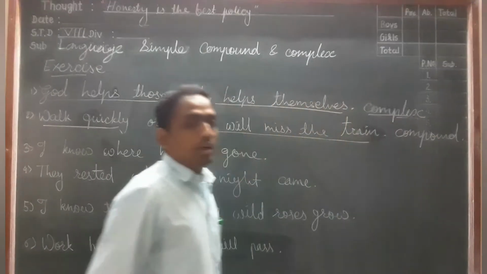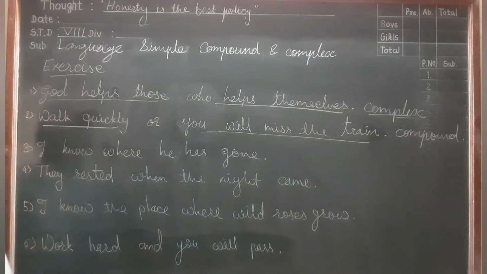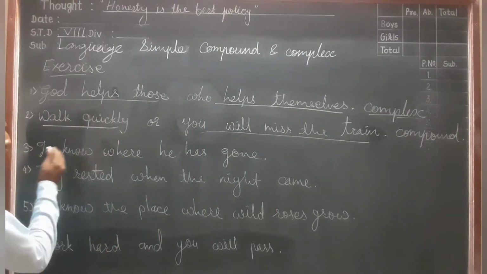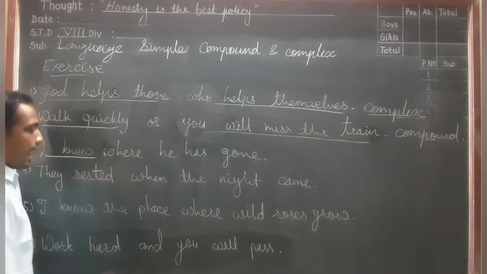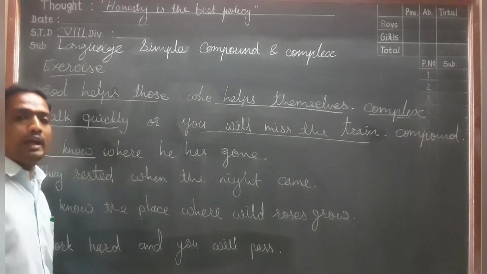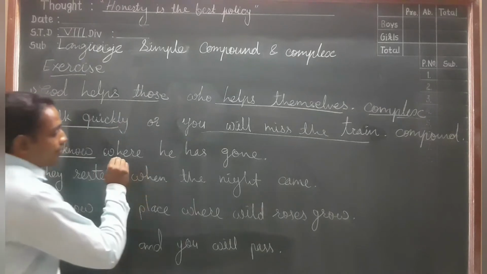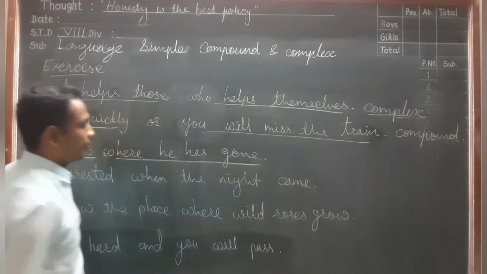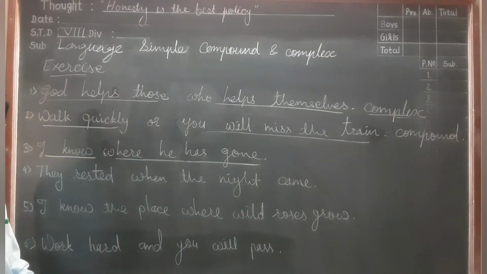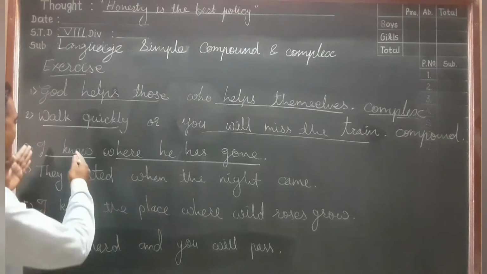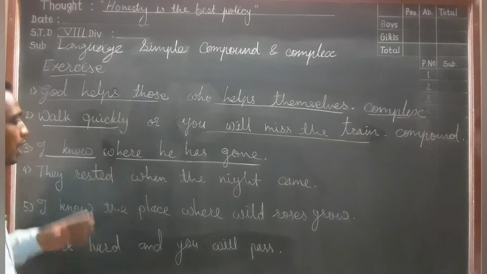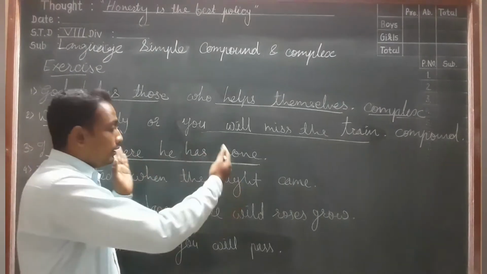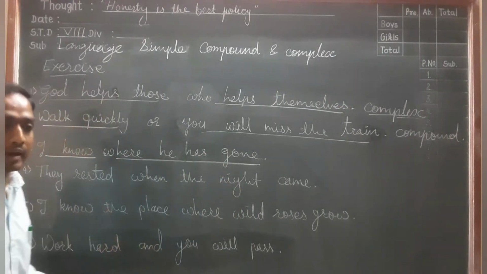Okay? Clear? Number 3. Third sentence: I know where he has gone. I know, but what do I know? Where he has gone. So I know makes its complete meaning. But where he has gone is a dependent clause.